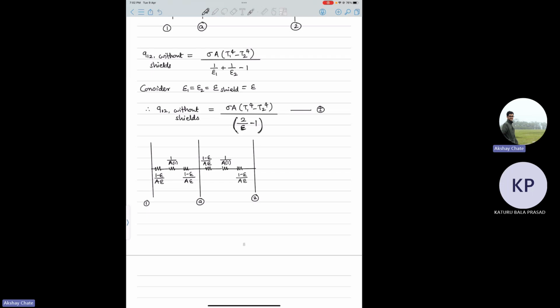So basically, Q12 with one shield is equal to sigma A T1 power 4 minus T2 power 4 divided by the total resistance. And what is the total resistance? You can see there are 4 same terms here, right? So we can add them.